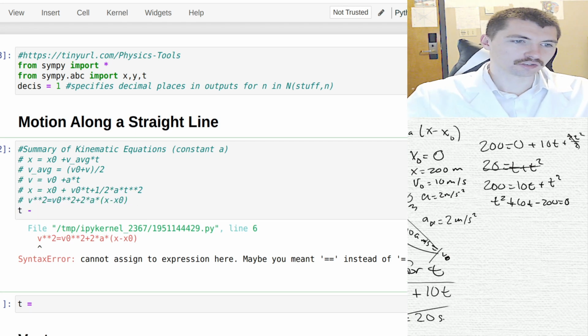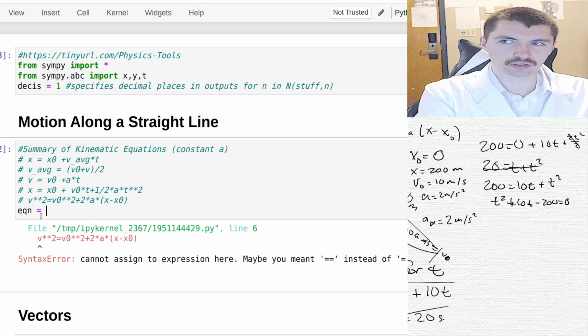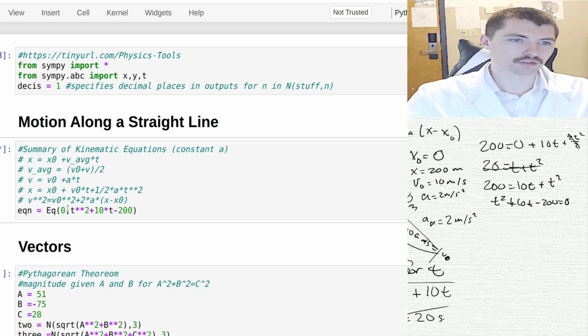I'm going to say equation 0 is t squared plus 10 times t minus 200.